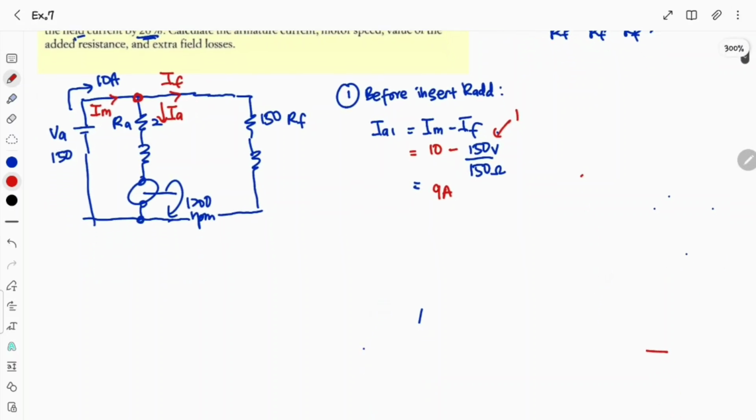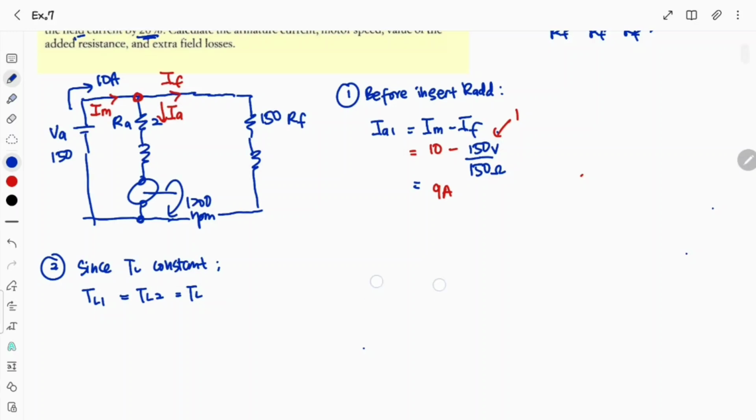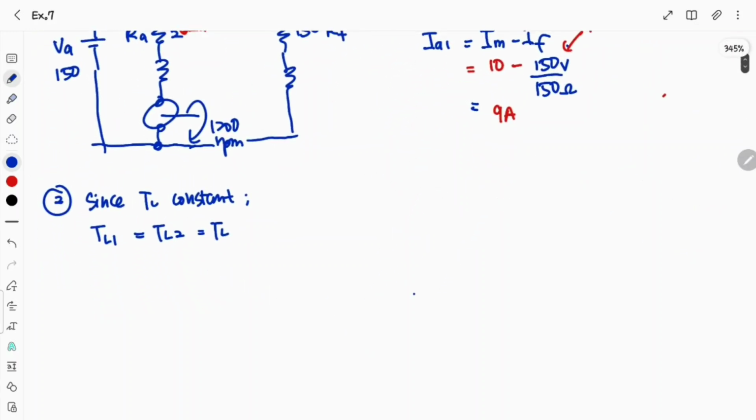Okay, step 2. Since the load torque is constant, we can say that load torque 1 equals load torque 2 equals load torque. It's the same value, it doesn't change, so you don't need to write TL1 or TL2. You just write TL, so it's easier for you to analyze your calculation.